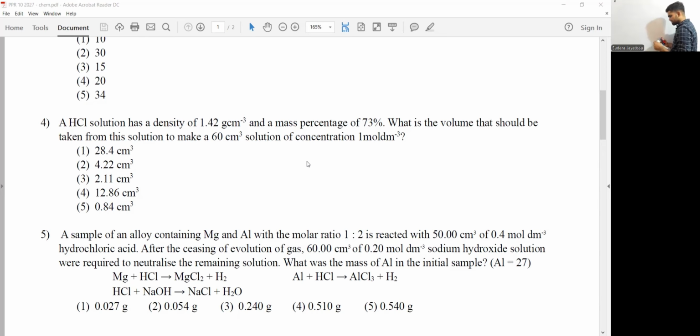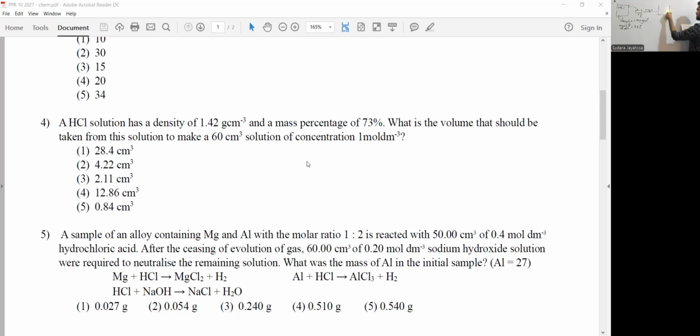An HCl solution has a density of 1.42 grams per cubic centimeter, and its mass percentage of HCl is 73%.